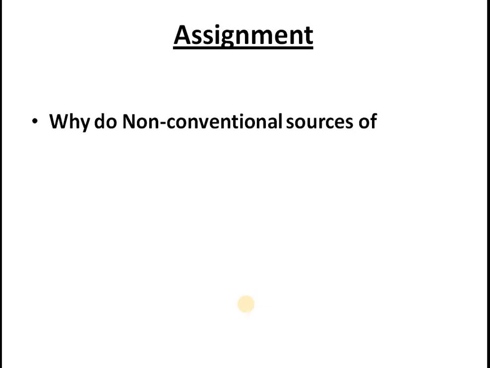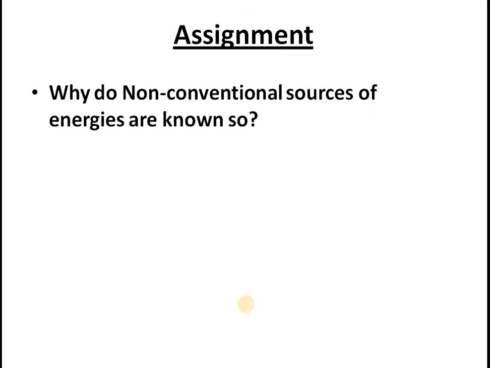Now it is time for your assignment. You have a very simple assignment to be done. Here is the question: why are non-conventional sources of energy known so? Very interesting question. What does the name indicate? Why are they called so? You can write the answer.